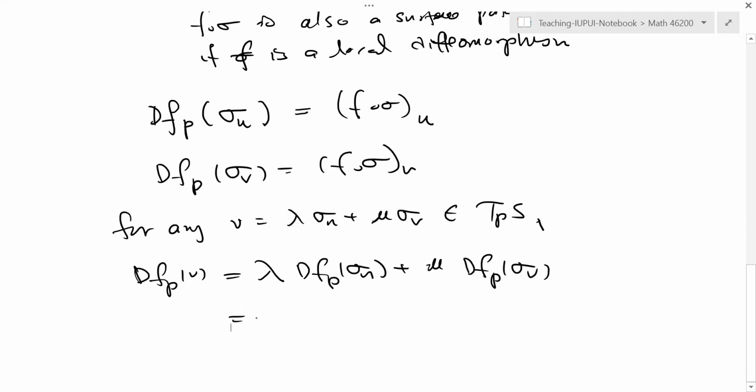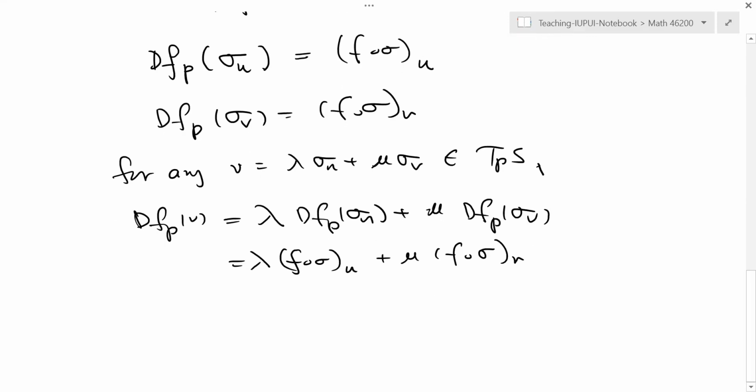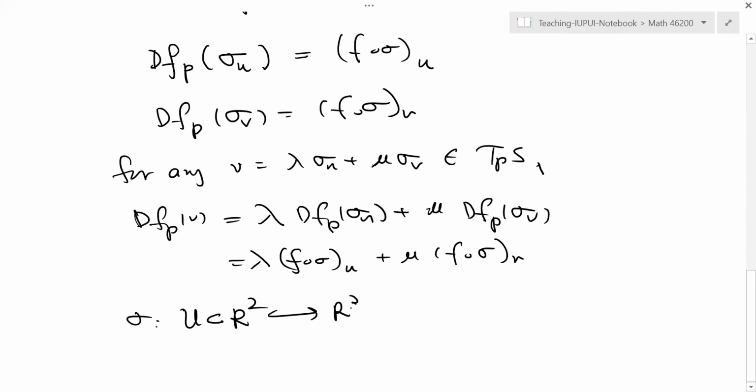So this is also going to be F circle sigma_u plus i F circle sigma_v. This is usually ordinary differentiation, because sigma is some open set in R2 to R3, right?